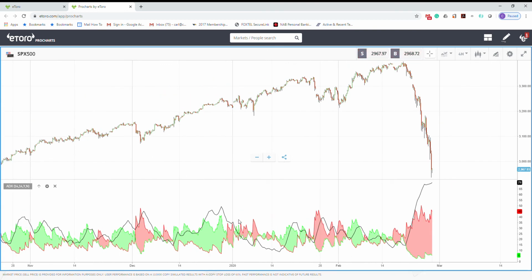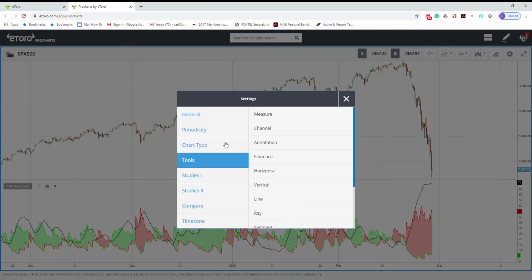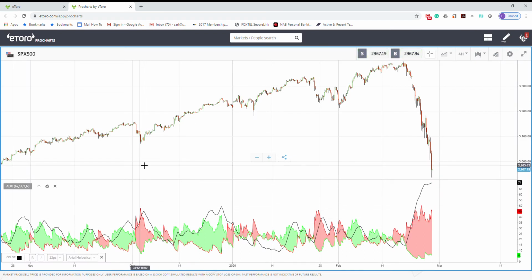Let's have a look at what happened in similar situations before. Here, ADX was above the two other lines in a downtrend. So let me add a text here. Okay, at this point, low point.